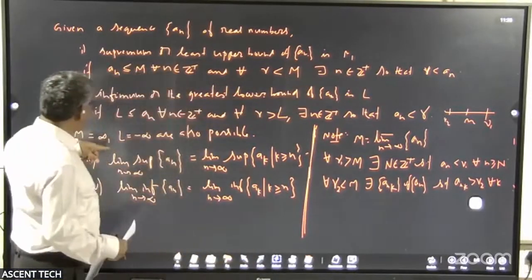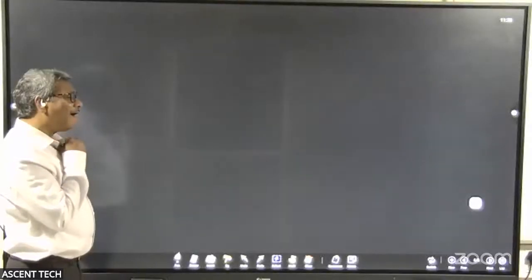If I take a simple sin x, a sinusoidal sequence, the supremum will be 1. Since it is oscillating forever, there is no n beyond which I can say that it is settling down.